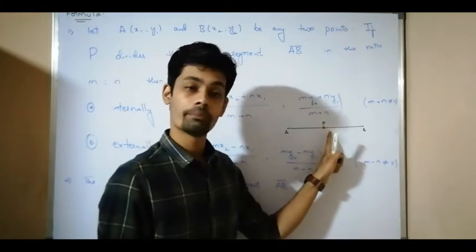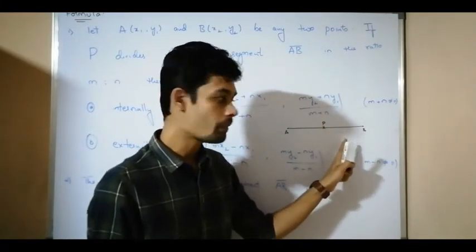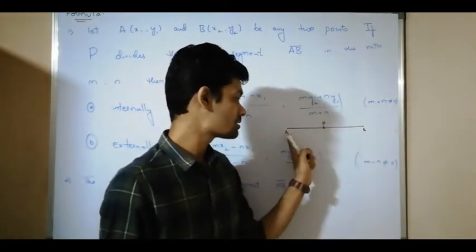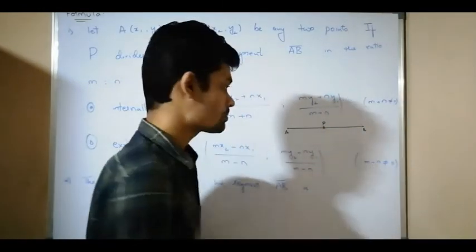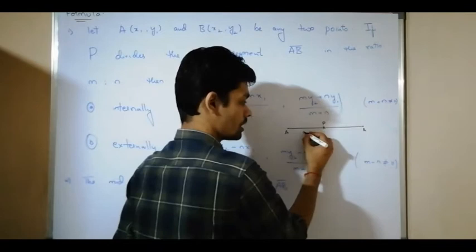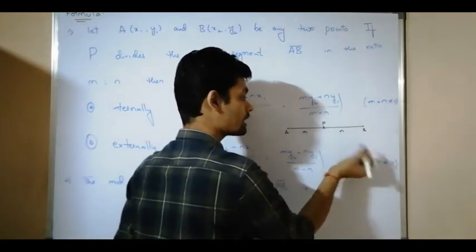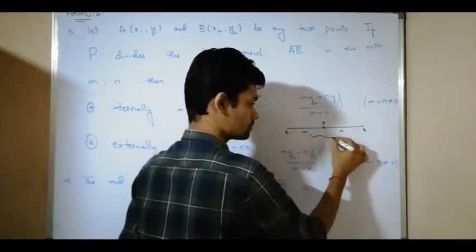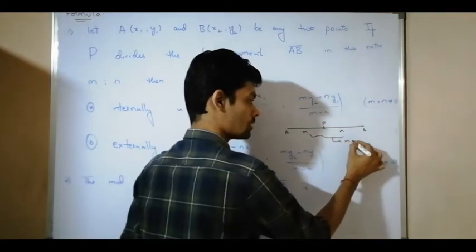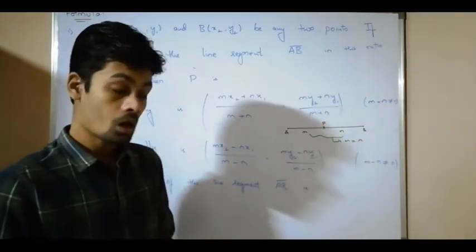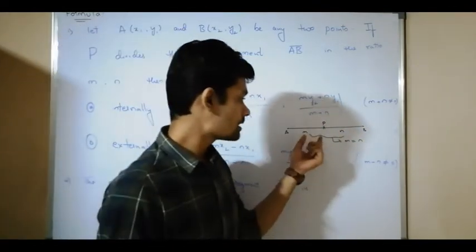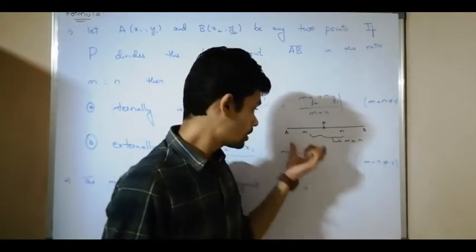P is said to be a midpoint if it makes equal distance of AP and PB. Equal distance means m and n both are equal. Then only we can say that P is a midpoint.